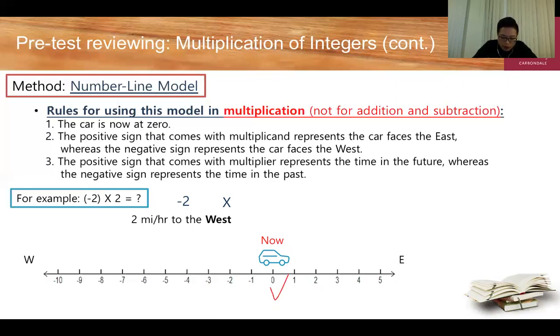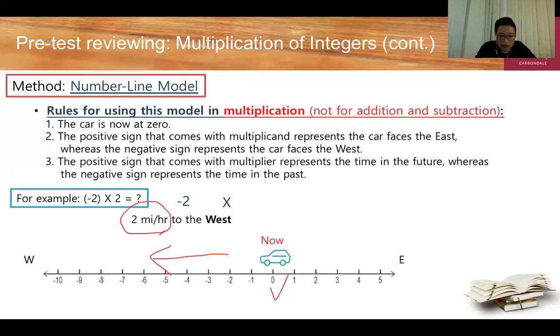That means the car will face to the west. So I will have to switch my car to face to the west. And -2, right? So the car will move to the west by 2 miles per hour.